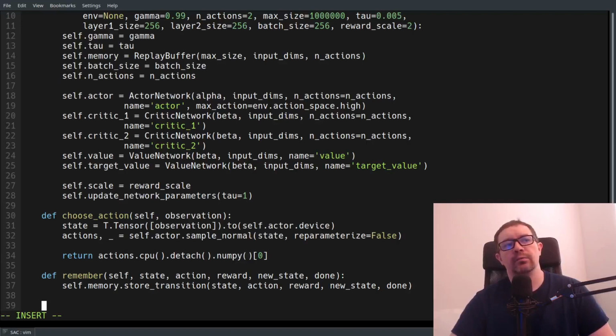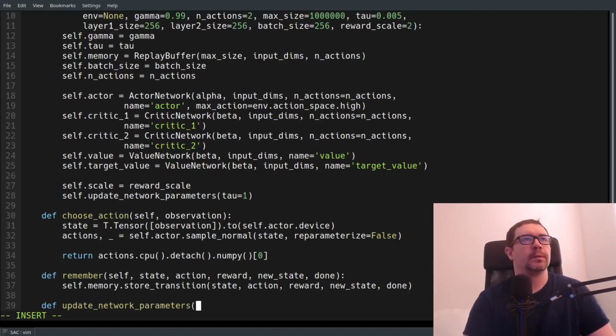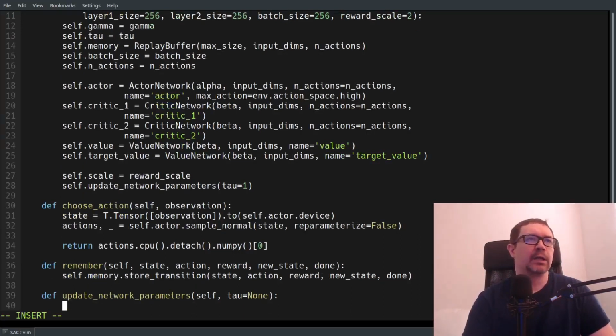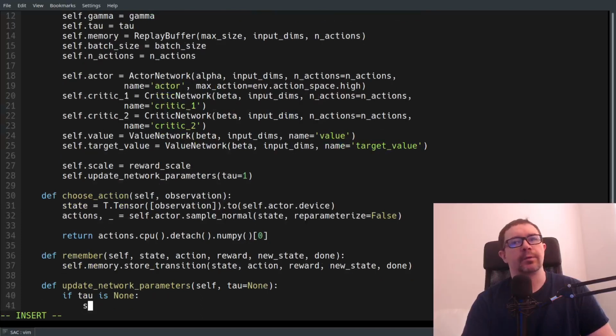And then let's get the 2 bookkeeping functions out of the way. Let's do update network parameters. Now, this is kind of a clunky function. So if tau is none, then we're going to set tau to the stored value for our agent.